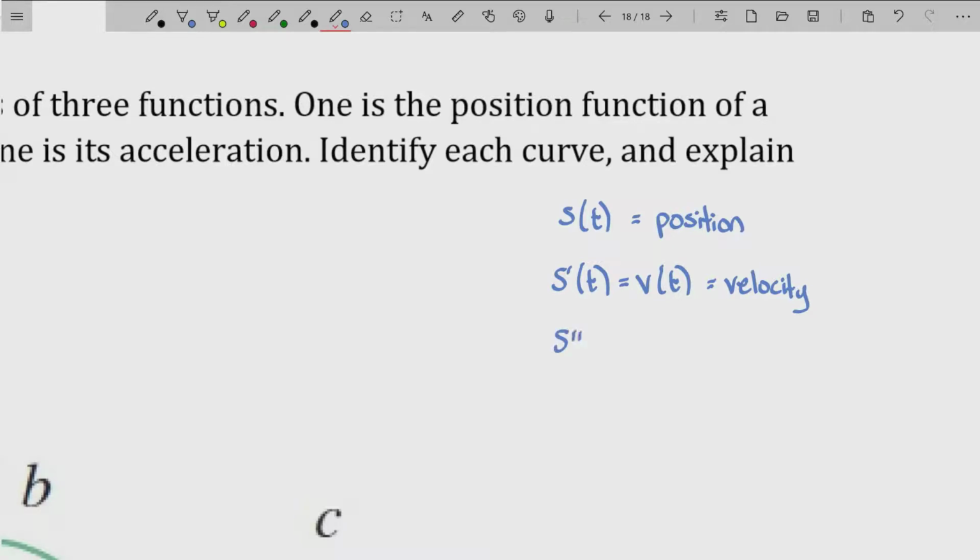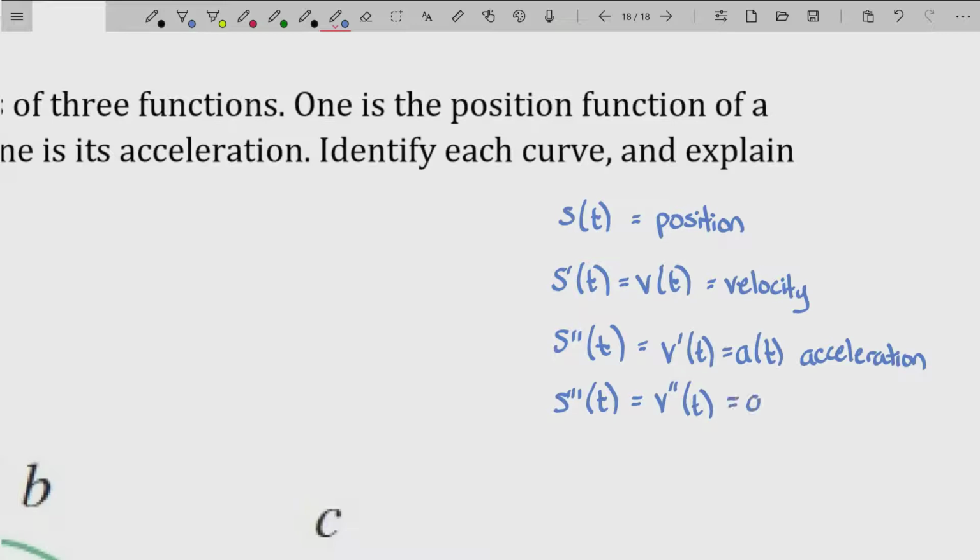And the second derivative of position, which is the first derivative of the velocity, is called the acceleration. And if you really want to get fancy, the third derivative of position, which is the second derivative of the velocity, which is the first derivative of acceleration, is called the jerk.